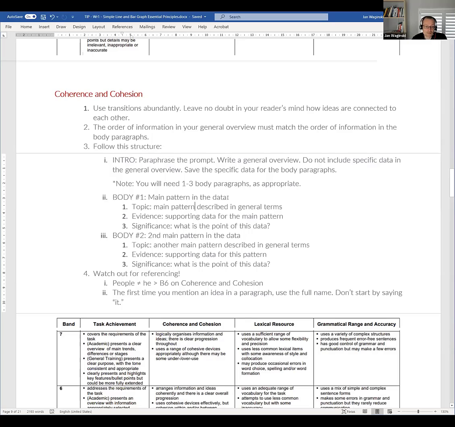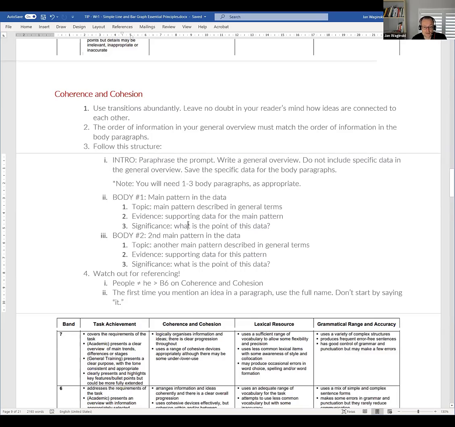Okay, so you're describing in body paragraph 1, the main pattern in the data, which is also the first pattern you mentioned in the general overview. Your topic sentence, again, is going to repeat that first main pattern, and then you're going to support it with evidence. So the actual numbers from the graph, and you can reiterate what the point of this data is.